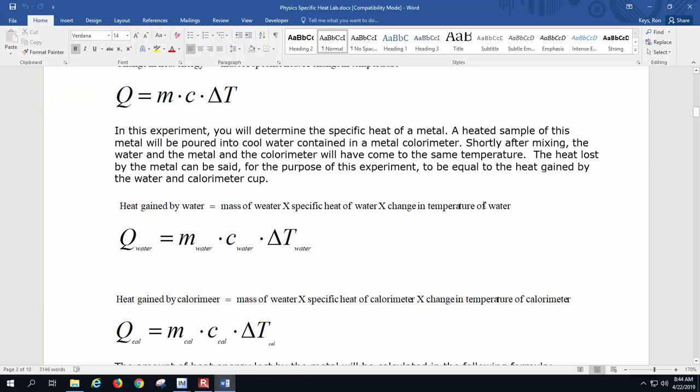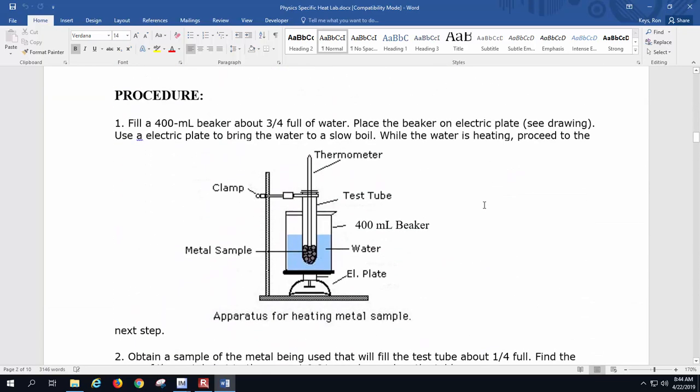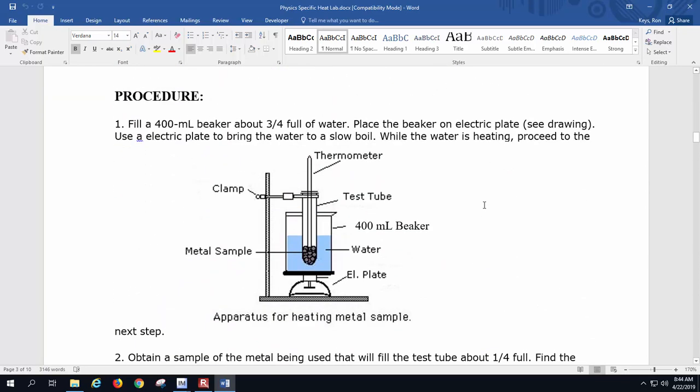Here's what we are going to do. There's our setup. So if we use a hot plate here, we have water. This is our metal sample inside boiling water. If this water here is boiling, what's the temperature it should be? 100 degrees Celsius, very, very close.